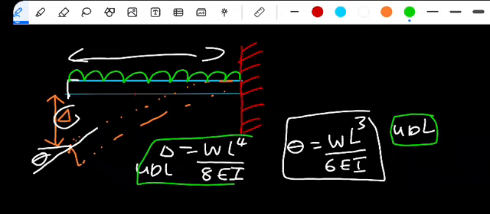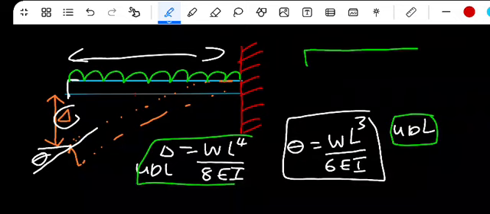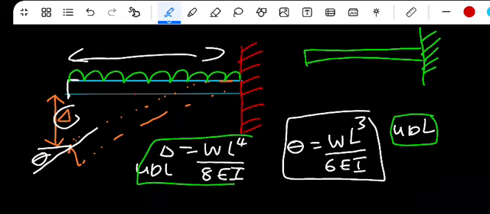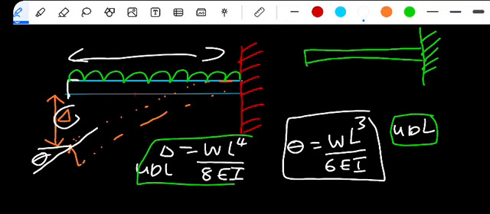All right. So this beam, we can have another cantilever like this. Let's say I have a cantilever there. Now in this cantilever, the UDL is not from the free end.